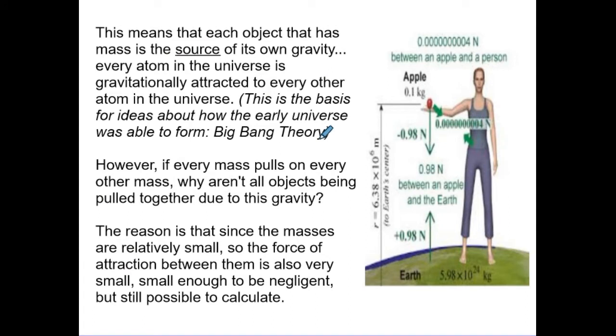So, now, I've got a lot of notes here that we're basically reading. We'll get to the math examples in a bit, but this was really key. This meant that each object has a mass that is the source of its own gravity. Basically, what it suggests is that every atom in the universe is attracted to all the other atoms in the universe. And if you've ever watched documentaries talking about the Big Bang Theory, that's actually the theory behind how matter started clumping together. After the Big Bang there were particles, and they were all scattered throughout the universe.